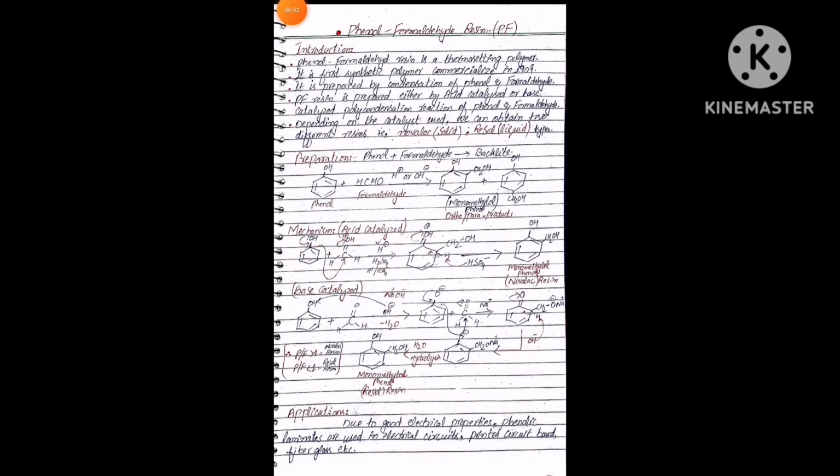Again, here is a phenolic group. How they attack is shown by the arrows in front of you. Now this pi bond attacks this carbonyl and a negative charge appears on this oxygen, and this negative charge will grab this acidic proton and convert it into OH.